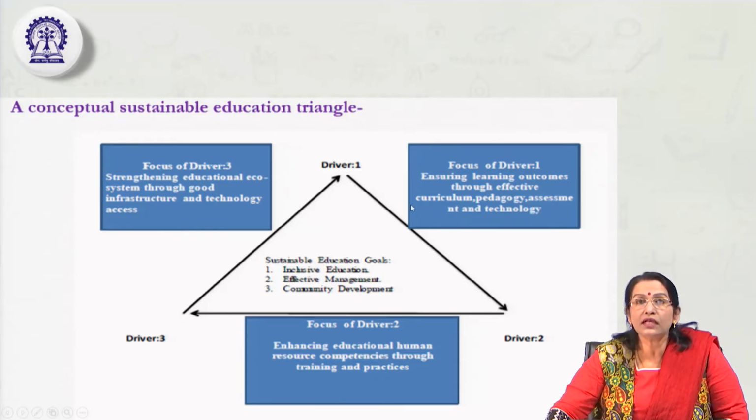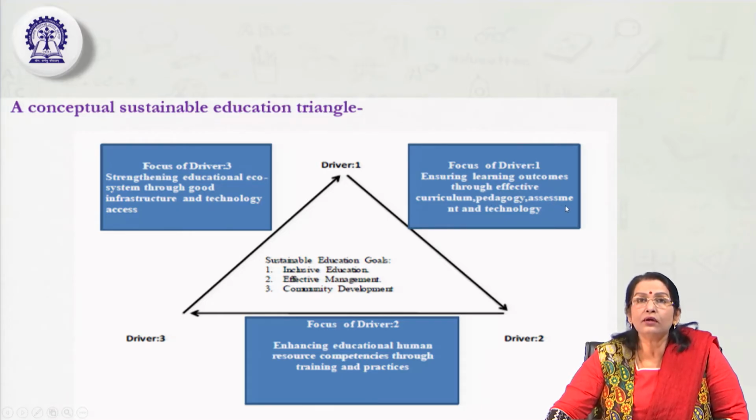As the educational and learning environment changes, the role of curriculum, pedagogy and technology is also changing. So the focus of driver 1 is effective use of an updated curriculum and research-based, effective pedagogy. As we have discussed transformative learning, we can adopt transformative learning pedagogy.